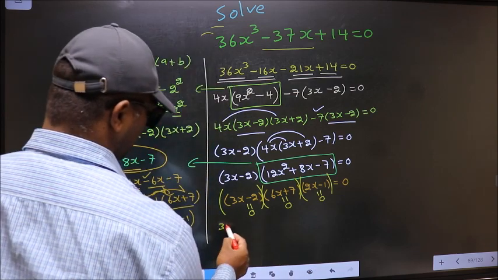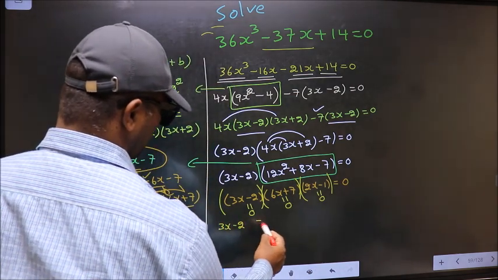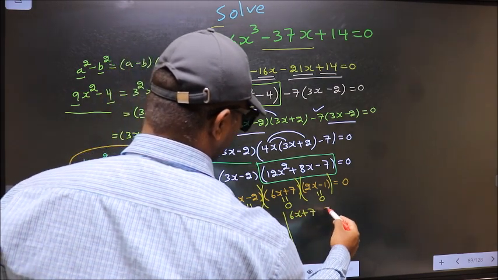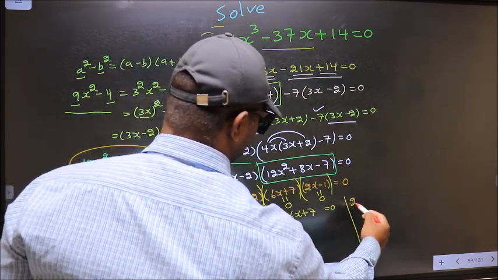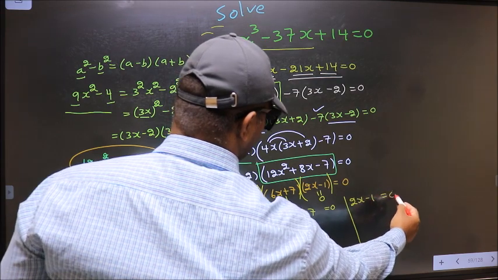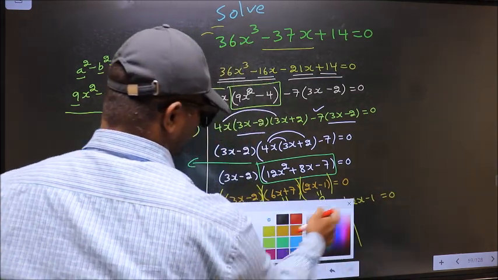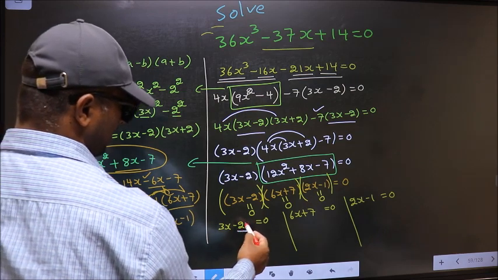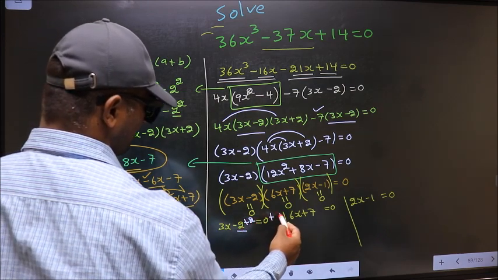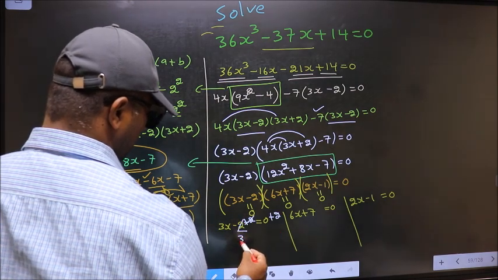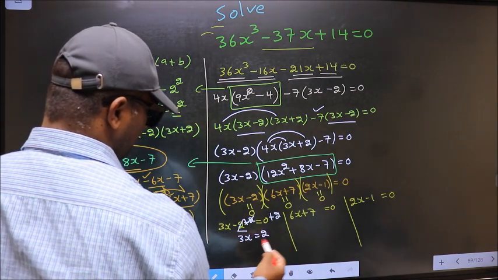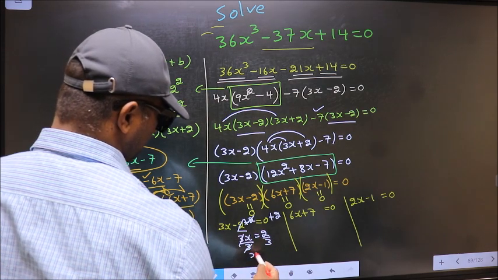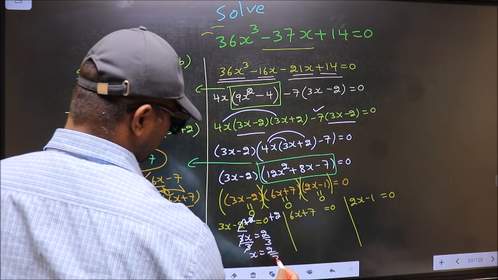That is 3x minus 2 equal to 0, 6x plus 7 equal to 0, 2x minus 1 equal to 0. Now to get x value from here, I should remove minus 2, so add 2. You get 3x equal to 2. Now I should remove 3, so divide by 3. You get x equal to 2 by 3.